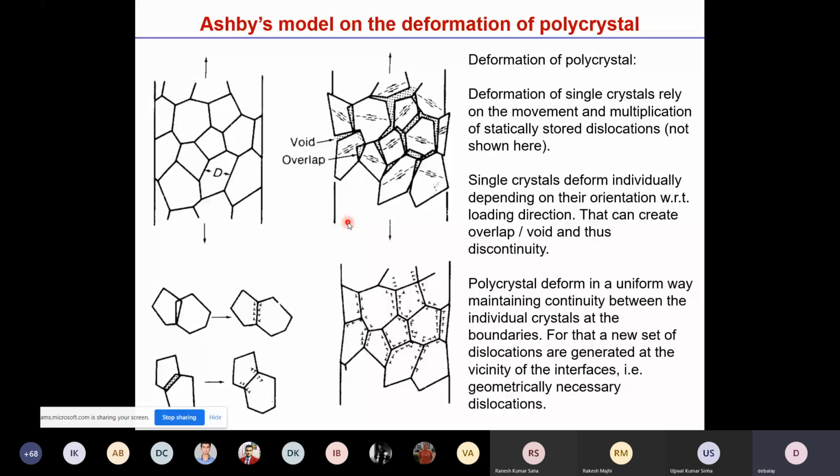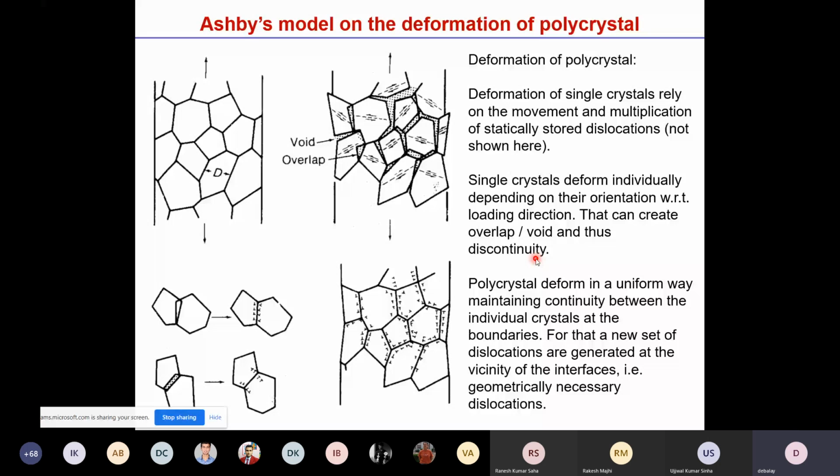And this is the famous Ashby's model. The deformation of single crystals relies on the movement and multiplication of statically stored dislocations, not shown here. Single crystals deform individually depending on their orientation with respect to the loading direction, which can create overlap or void and thus discontinuity.